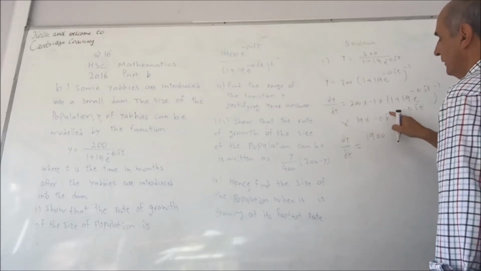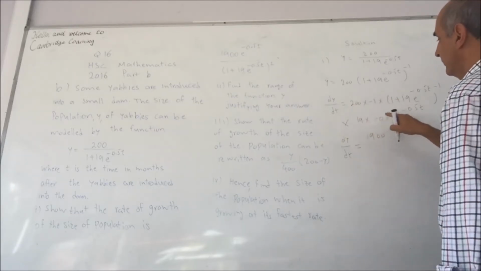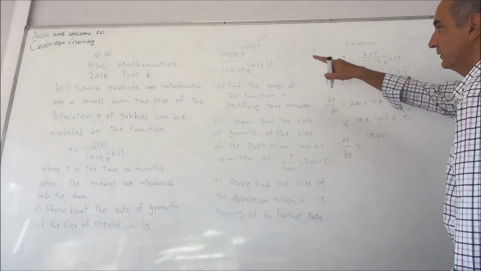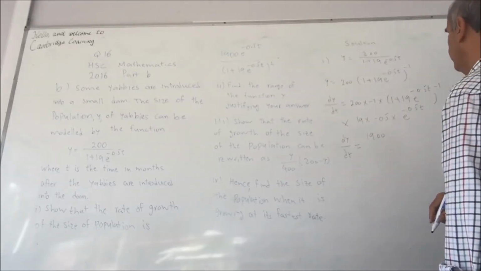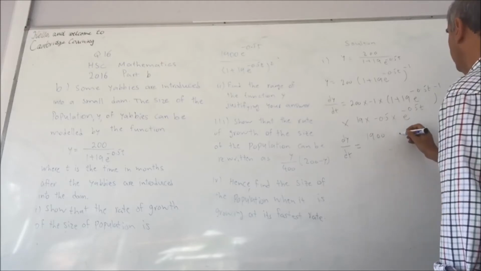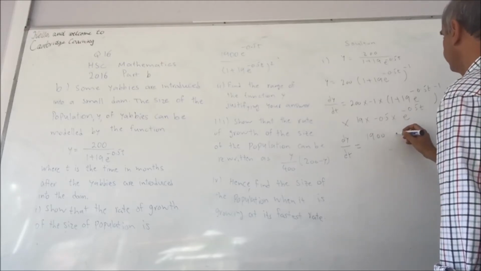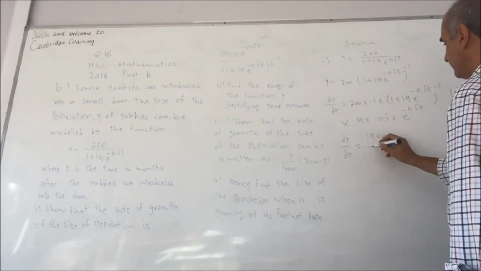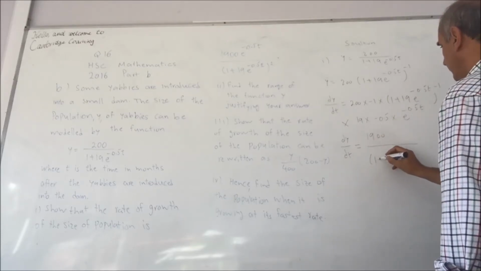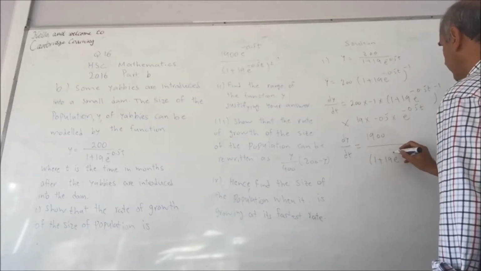So we considered all the constants which are timesed together to become 1900, and then we have this expression with the power of minus 1, so we can write it in the denominator.